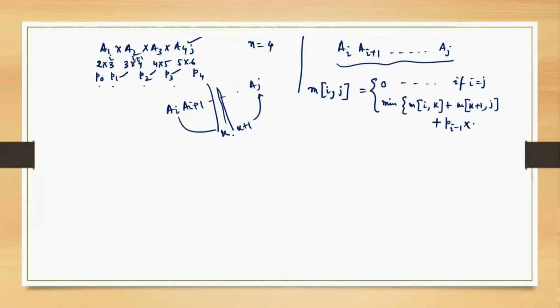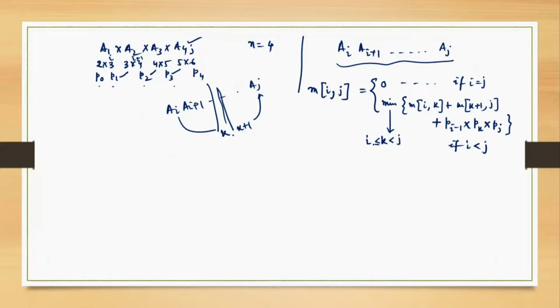The same concept here: p of i minus 1 into p of k into p of j, if i is less than j, and the minimum is taken over k, which lies between i and j. K starts from i and ends at j minus 1.